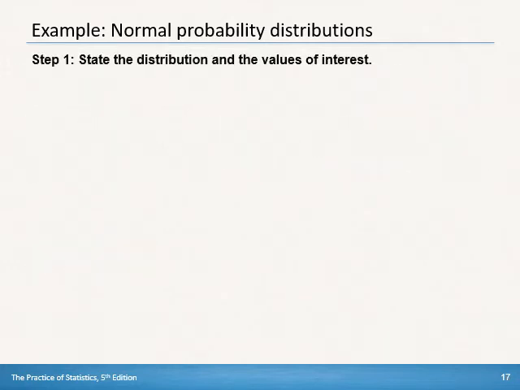We're going to use 3 steps when we calculate these normal probability calculations. And the first step has three things required.